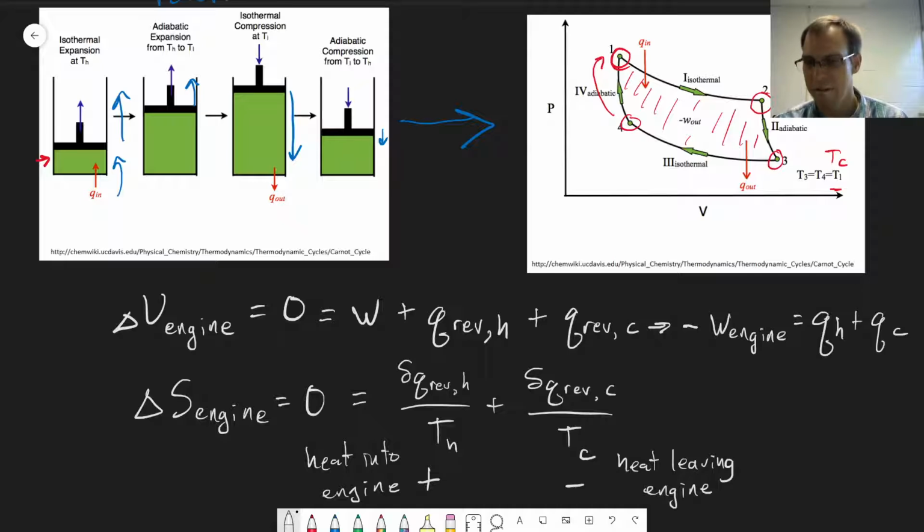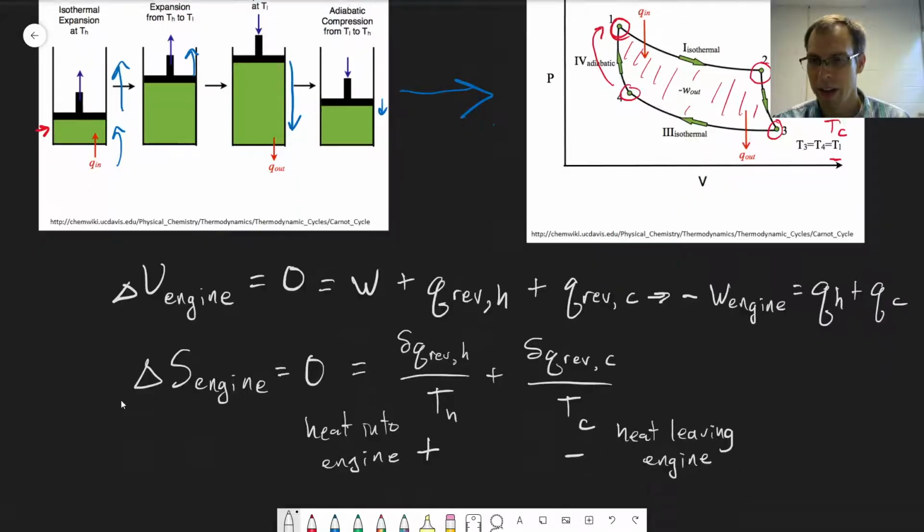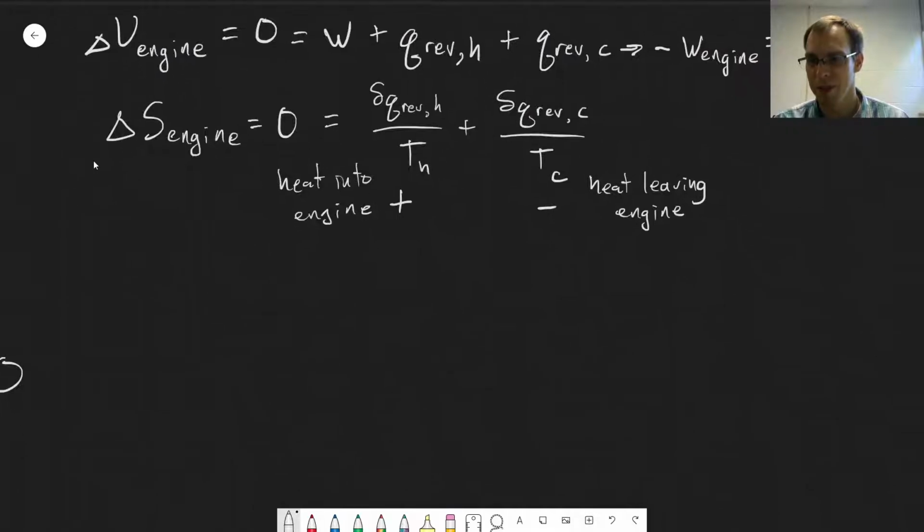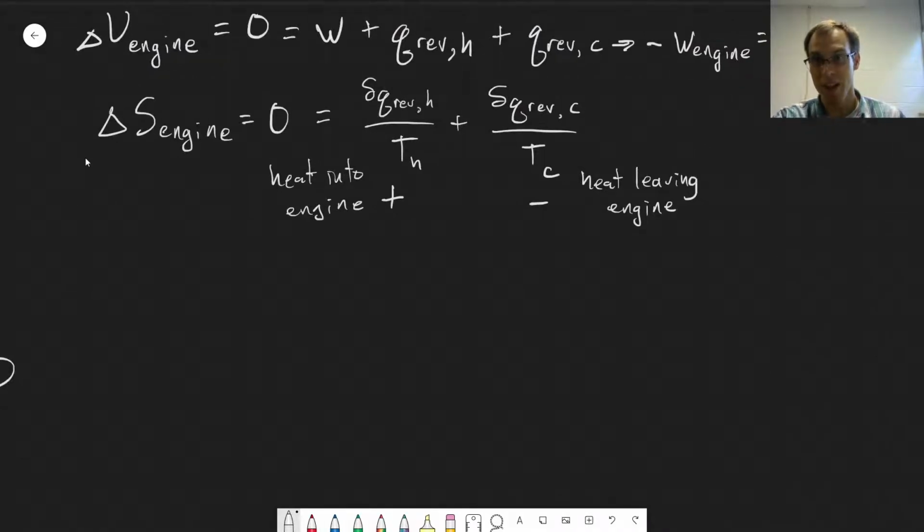All right, so what's the efficiency of the engine? Our overall process is we're taking heat in, doing some work with it, and heat going out. The maximum efficiency would be that we take all the heat that comes in at the hot reservoir and all of it leaves as work. That's impossible, but that would be the fairyland.